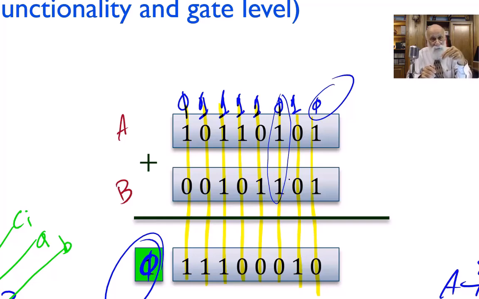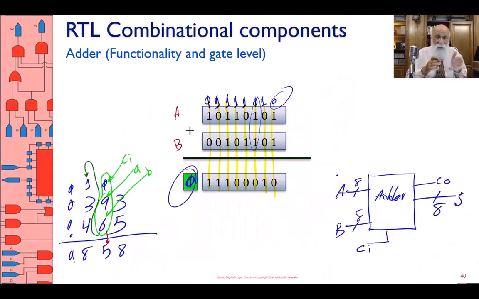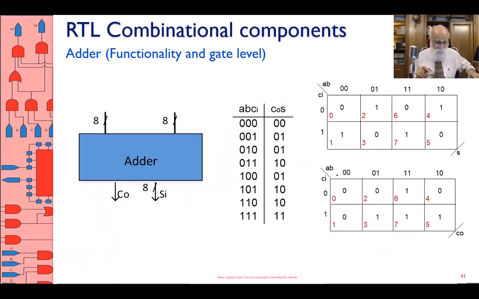One output is the sum, one output is the carry for the next position. So I need to build a circuit with 3 inputs and 2 outputs, and repeat this 3 input, 2 output circuit as many times as I want. And this becomes my 3 input, 2 output circuit.